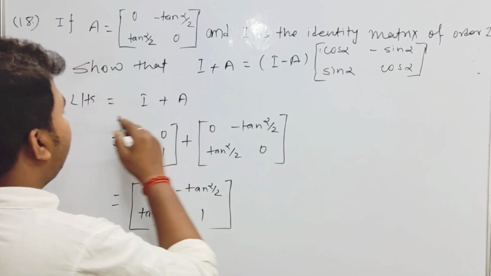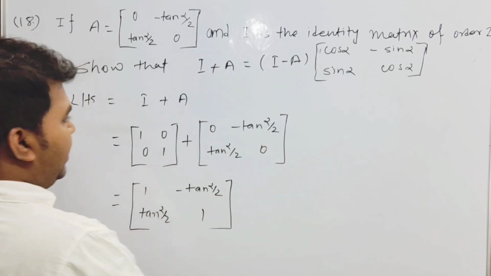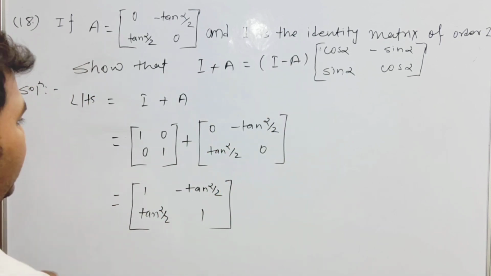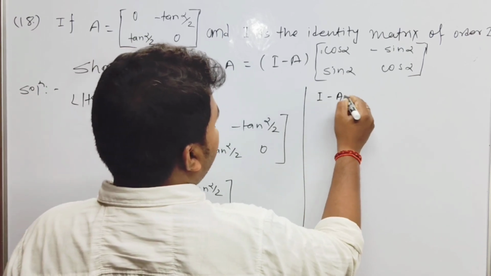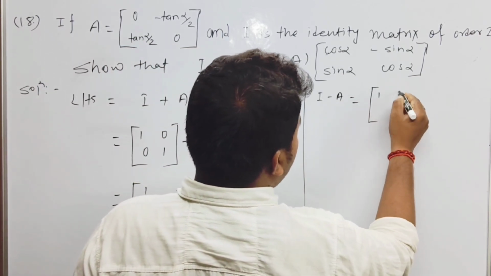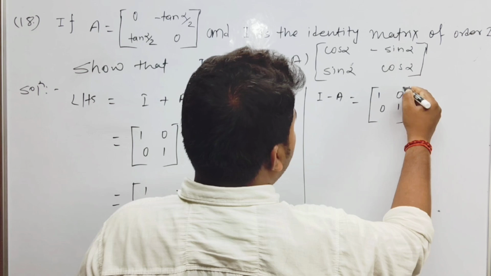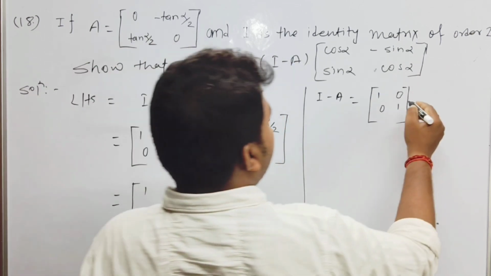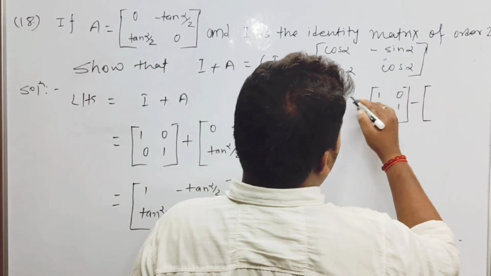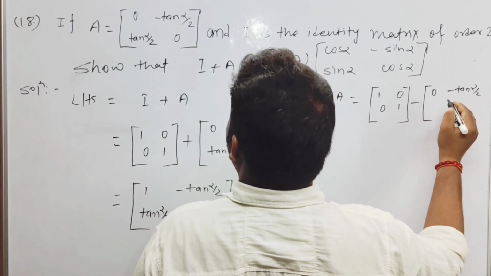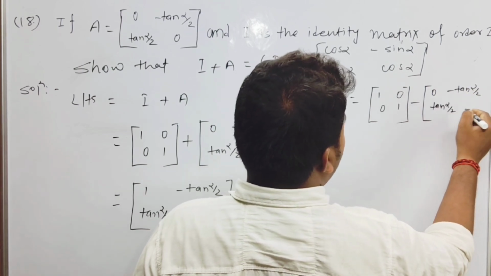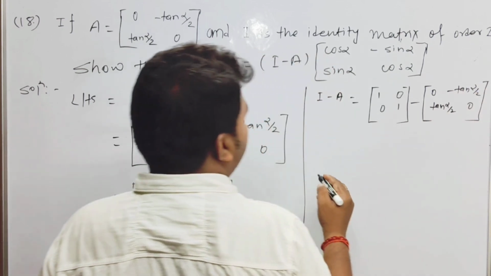Then we have to prove LHS equals RHS. After I plus A, we find I minus A. Look at the right side, I minus A. The identity matrix is [1 0; 0 1], minus the A matrix [0, -tan(alpha/2); tan(alpha/2), 0].